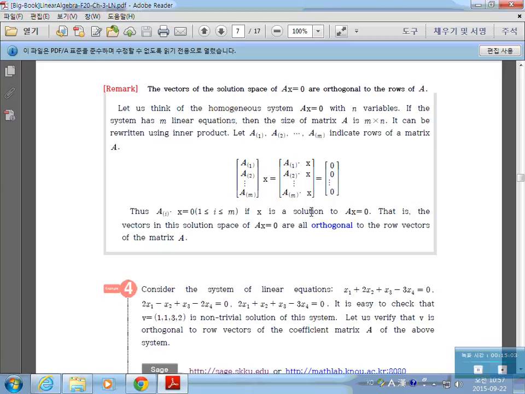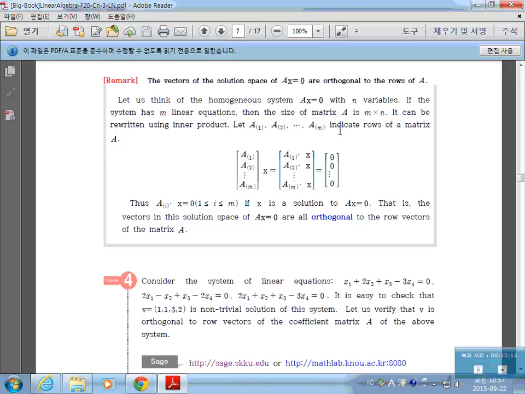Here, a remark: a vector in the solution space of AX equals 0 is orthogonal to the rows of A. As you see, AX equals 0 can be written in this way.